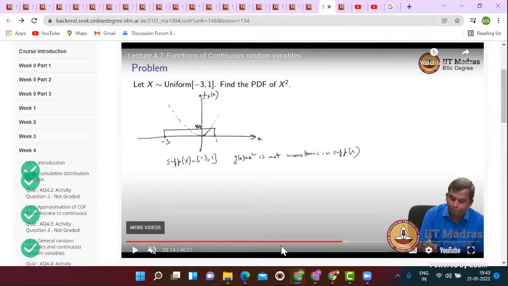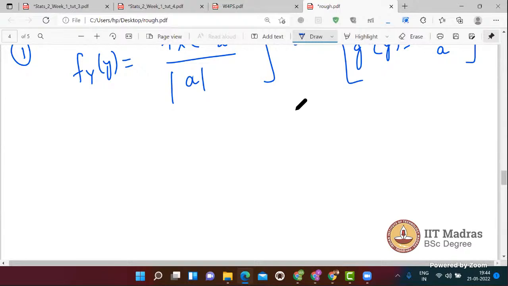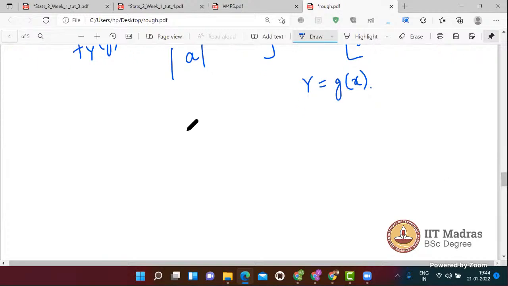So for those equations, if we have been given g of x and this is not monotonically increasing or decreasing, what will we do? How do we generally calculate f of y? If the distribution of x has been given, and we have been given a y in the form of x, how will you calculate the CDF of y?